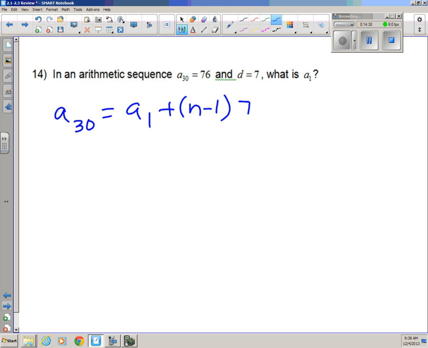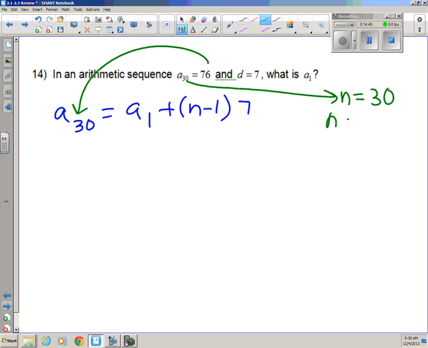Well, let's substitute some stuff in. We know that a sub 30 can be replaced with 76. We know that if n is the 30th term, then the n minus 1 is the 29 more that we need.